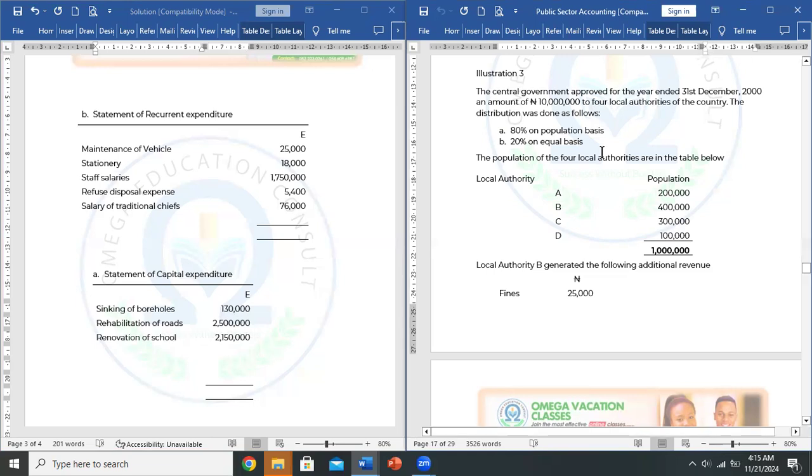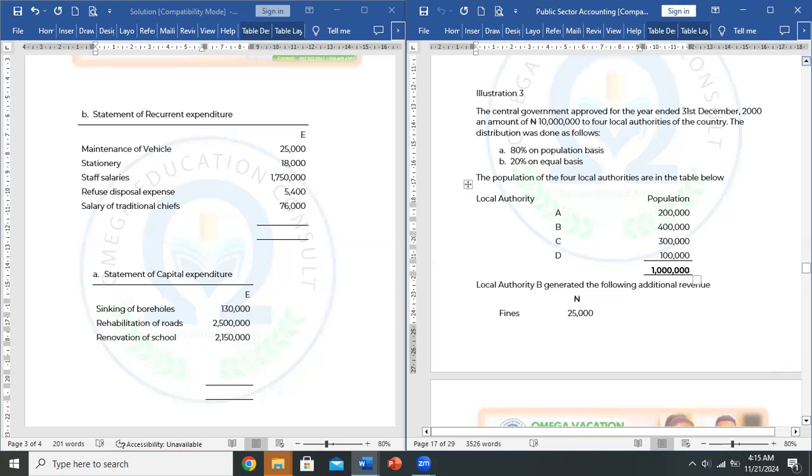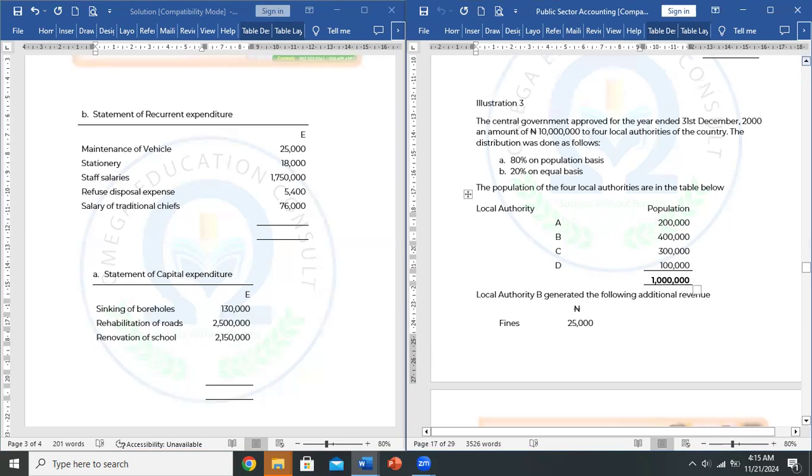It says the central government approved for the year 31st December 2000 an amount of 10 million to 4 local authorities. So the central government has approved that they should allocate this amount to 4. The distribution was done as follows.